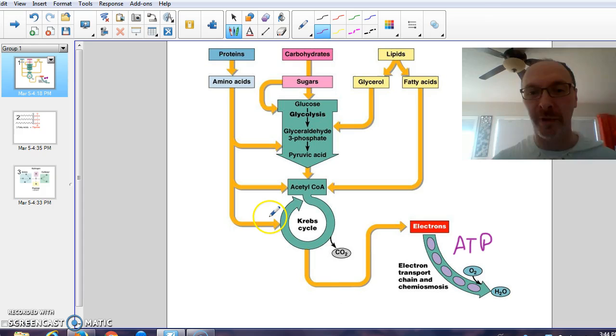And of course, that's the goal of cellular respiration: make ATP for cells, because cells need ATP to do a variety of forms of work.